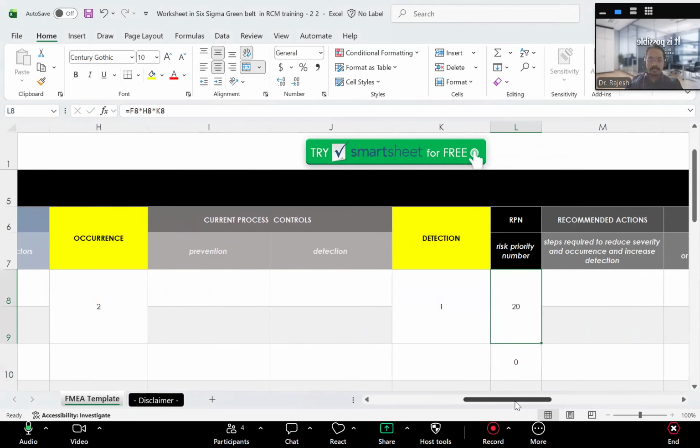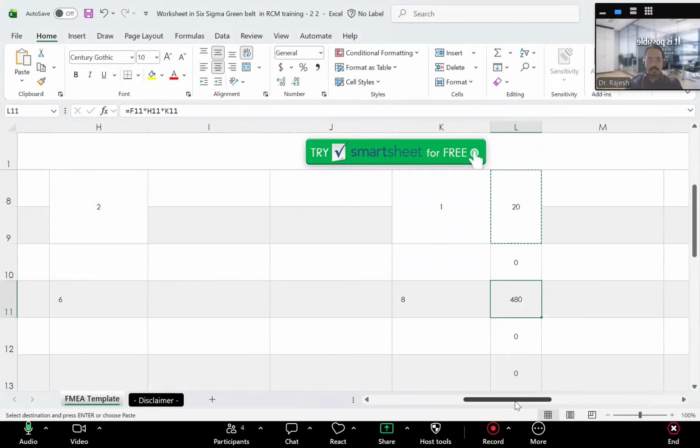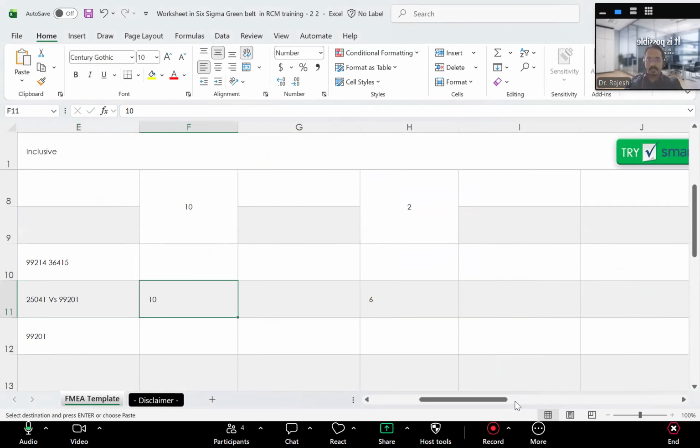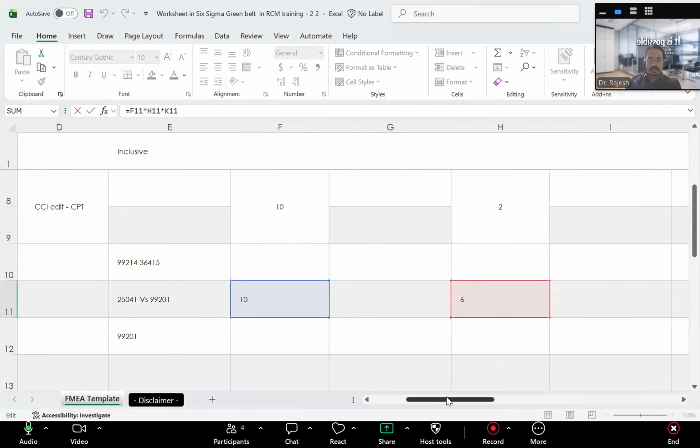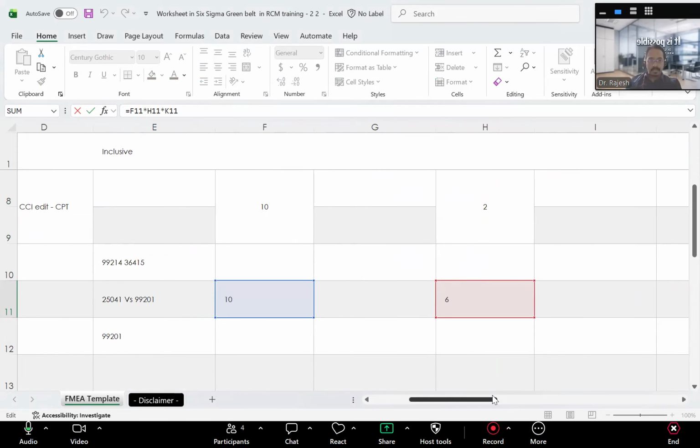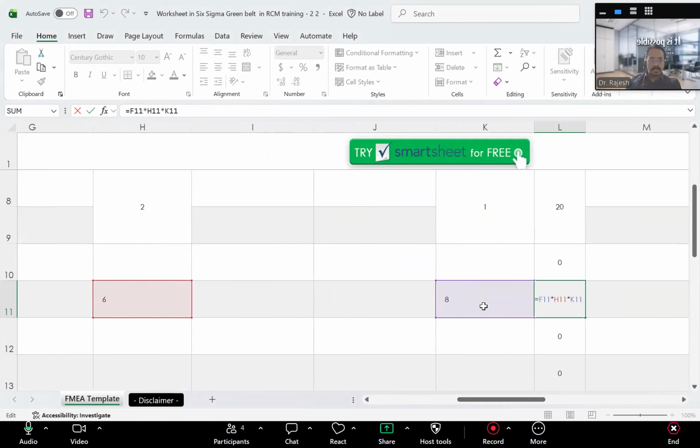And when I take the same account with the other combination, it becomes 480. Why? It is 10, 6, and then 8. For this combination code, the severity is high, the occurrence is higher, and the detectability is also higher.